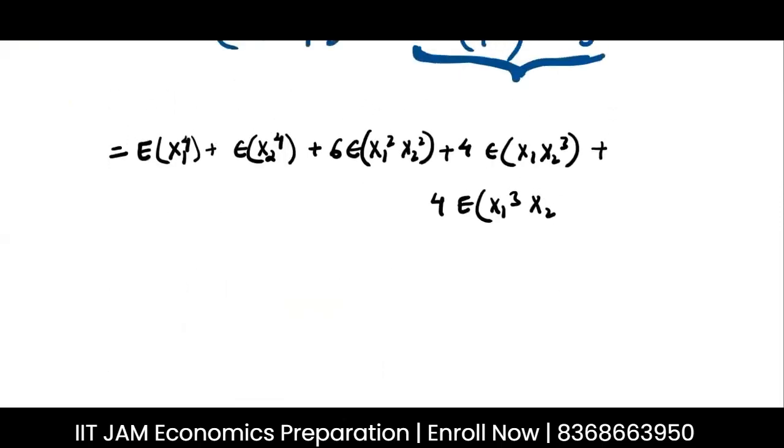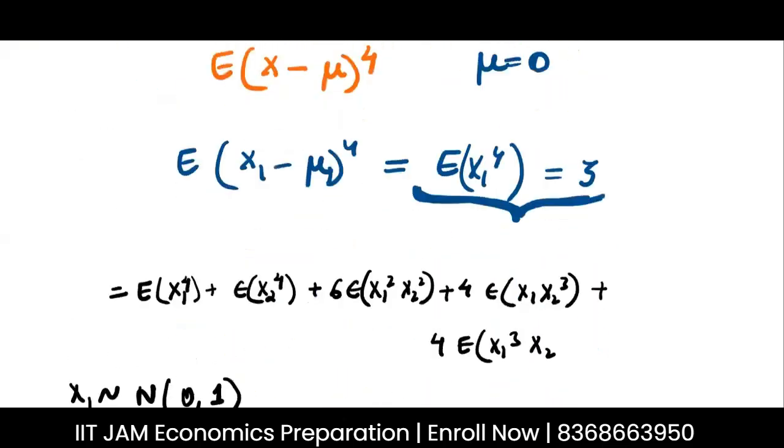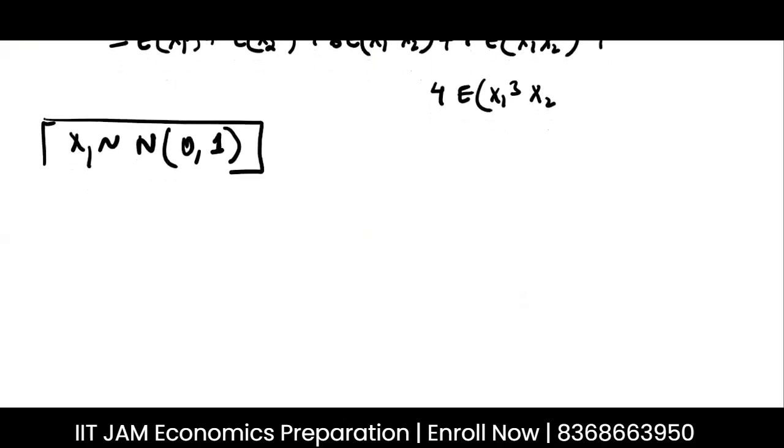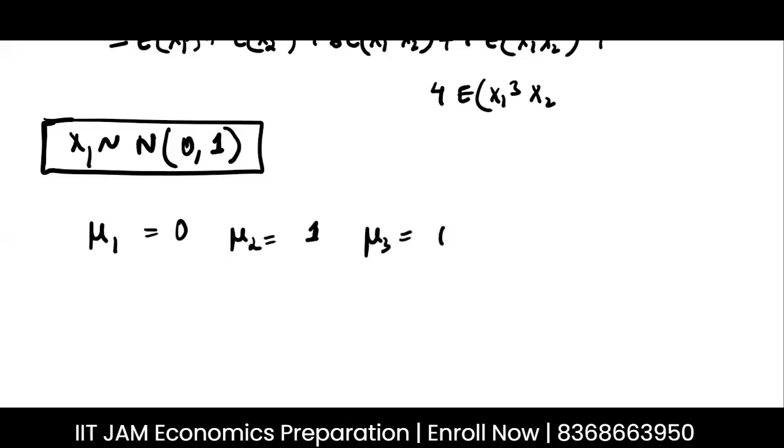We have just proved that because x1 is standard normally distributed, and actually you should remember all this. Although I've done the proof of each and everything, you should remember that for any variable which is standard normally distributed, mu1 is 0, mu2 is 1, mu3 is 0, and mu4 is 3.